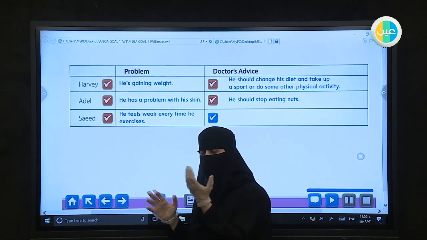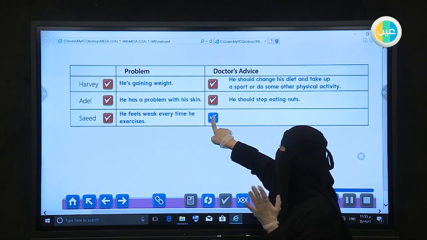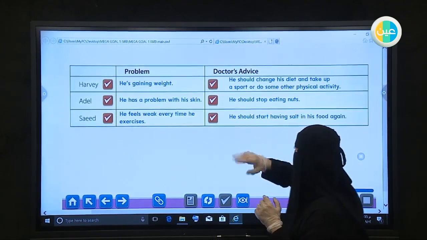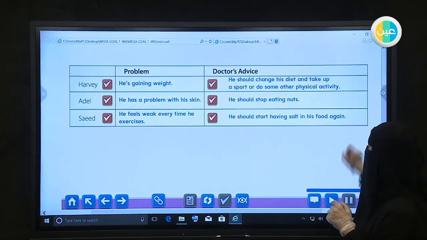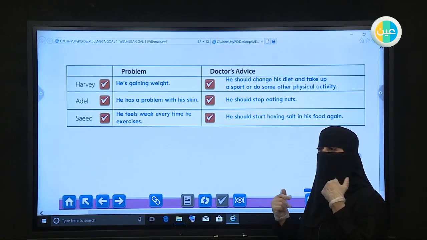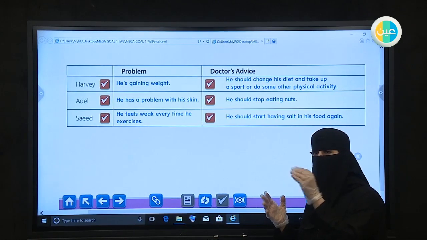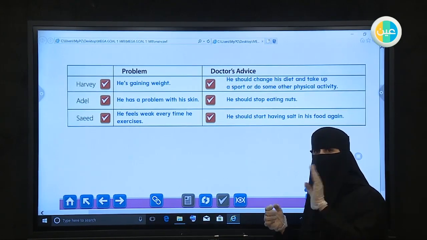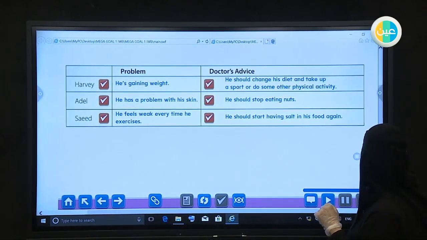What is the real reason he is feeling weak? Let's check the doctor's advice. He told him he should start having salt in his food again, because Saeed didn't put salt or sugar in his food. He read that in a magazine or a newspaper and tried to follow it, but the doctor advised him to put a little bit of salt in his food again.